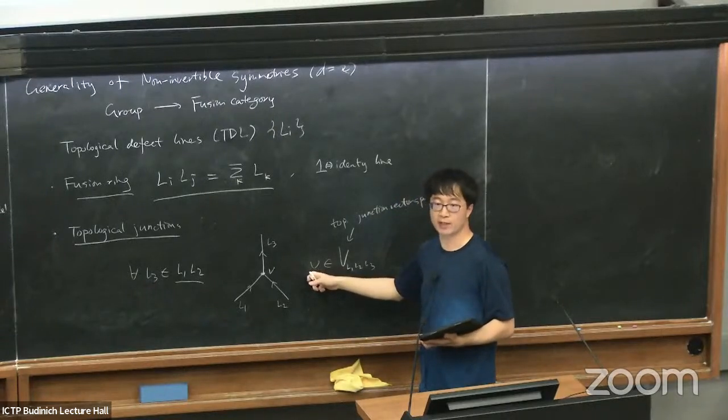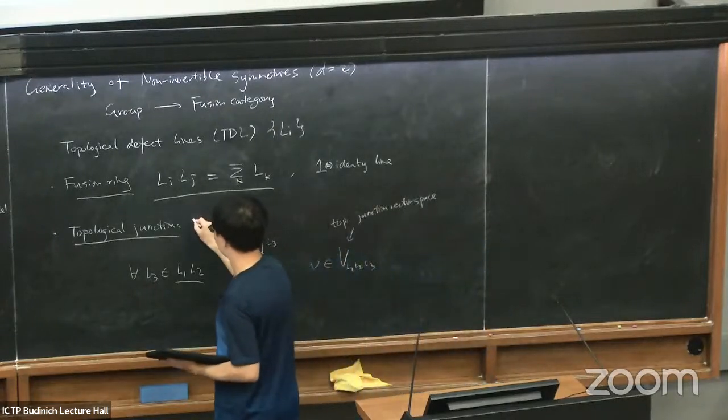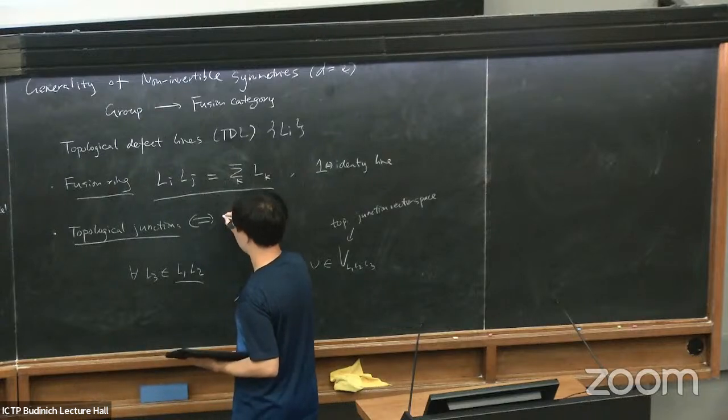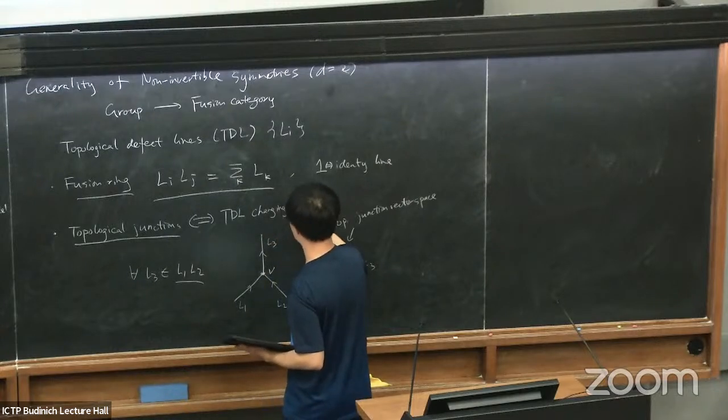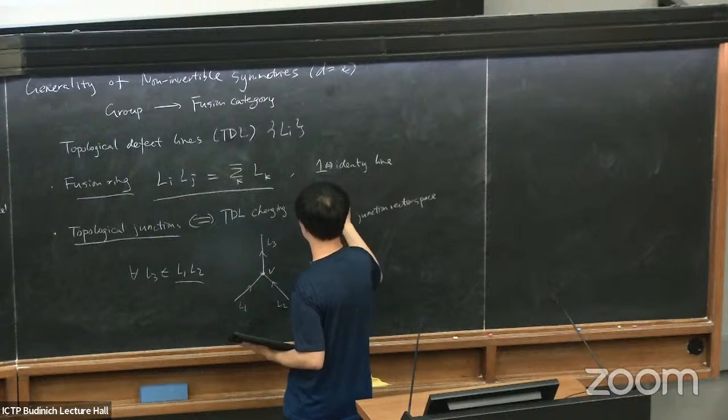Because these are point-like operators, you can equivalently think of this as a space of topological defect line changing operators.